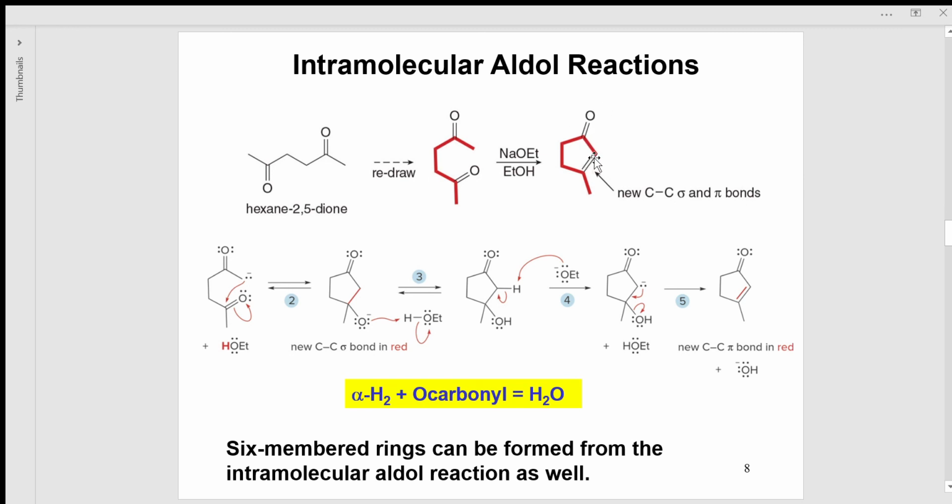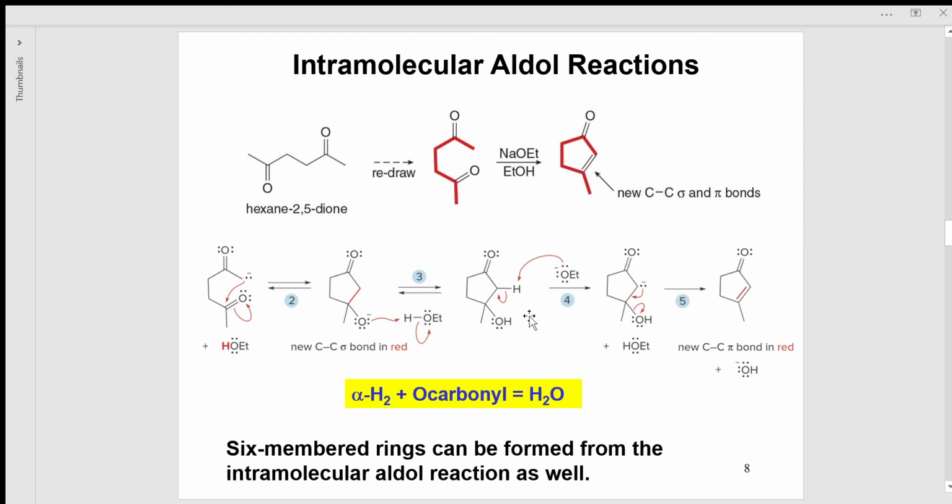You see, this is a carbonyl compound. This is the alpha position. This is the beta position. Basically, 2 alpha hydrogens here, and the carbonyl, which used to be a C=O double bond, is provided by this carbonyl group to form a ring structure, a 5-membered ring.